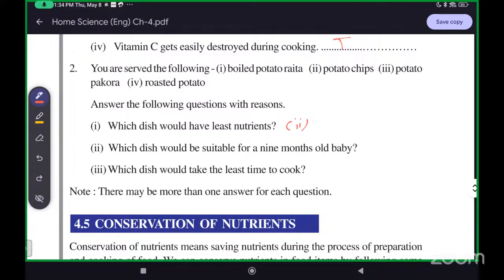Yeah, that's correct. Boiled potato raita is best for a 9-month-old baby because potato chips are hard to digest, potato pakora are also complicated, and roasted potato are also complicated. Sure. Then, which dish would take the least time to cook?